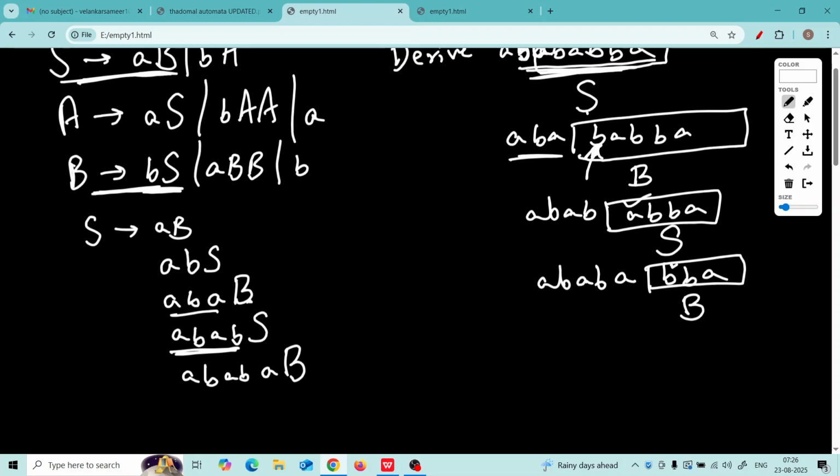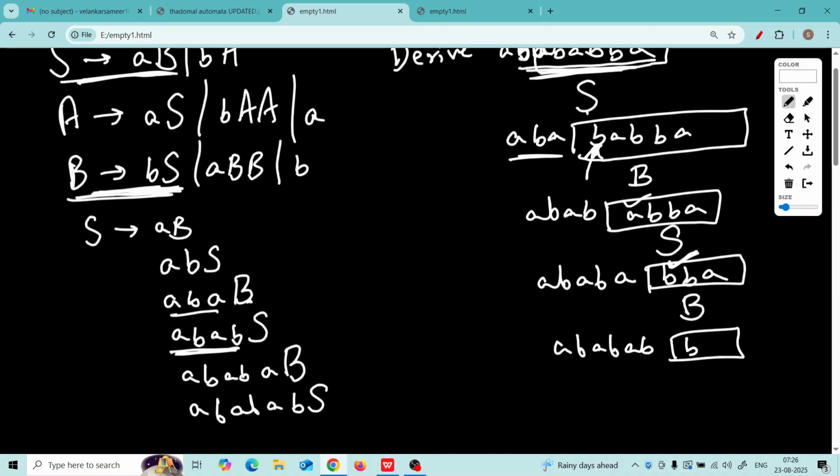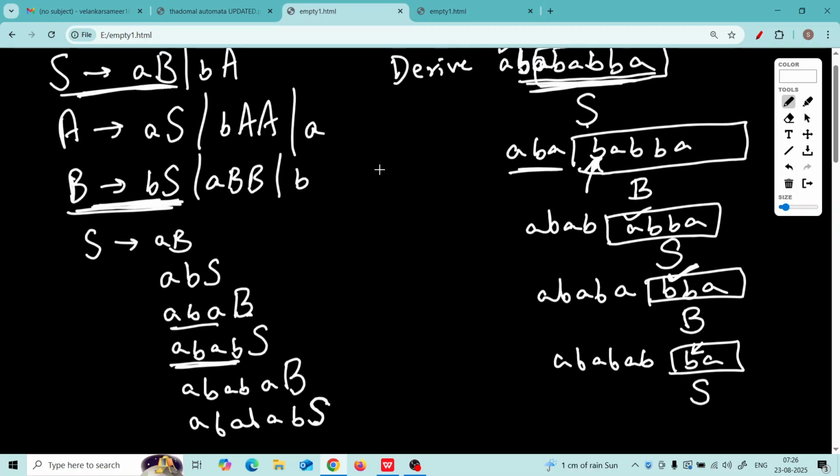Tell me, we want B now, isn't it? In the rest of the string we want B. Obviously we will again use B gives BS. So AB, AB, A, and then BS. Now we have generated ABABAB, and only BA is pending, and we have non-terminal S. Correct? But we want the first letter to be B now. Observe, there is the second option here with S. S can give us BA.